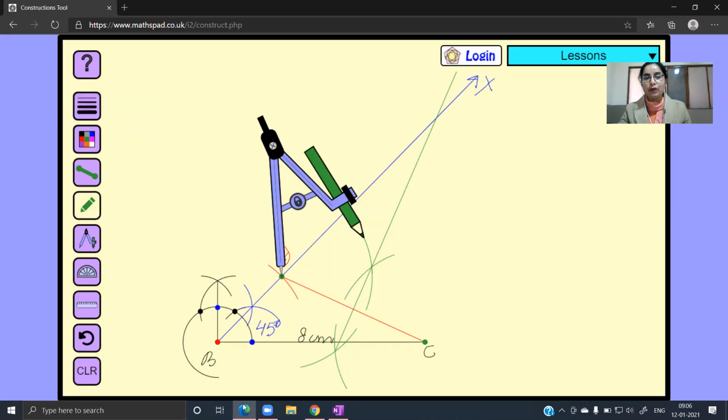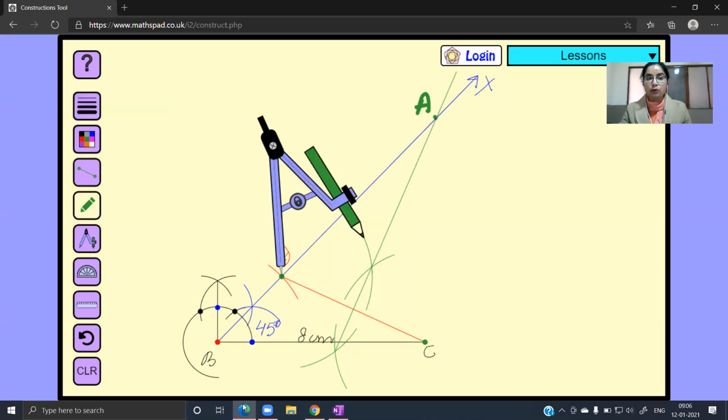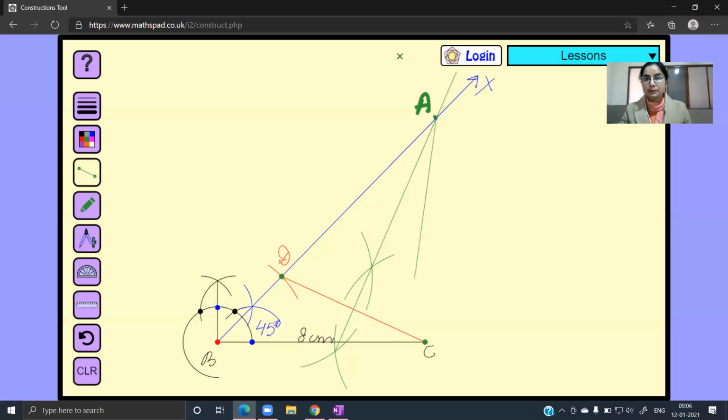That point will be your third vertex of the triangle. So this point here is point A. We want to complete the triangle ABC. You will be joining A with vertex C and you will obtain your triangle. So triangle ABC is the required triangle.